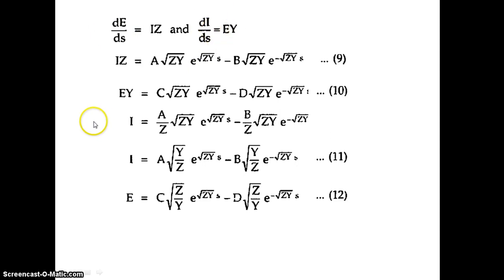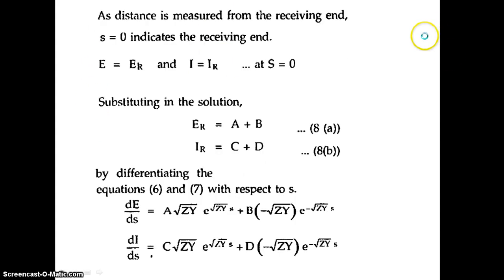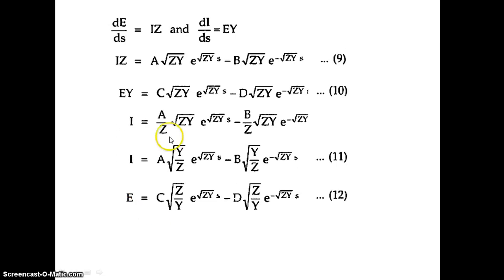Substituting, we have IZ equal to A root ZY e power root ZY s minus B root ZY e power minus root ZY s. This is equation number 9. Similarly we arrive at equation 10.